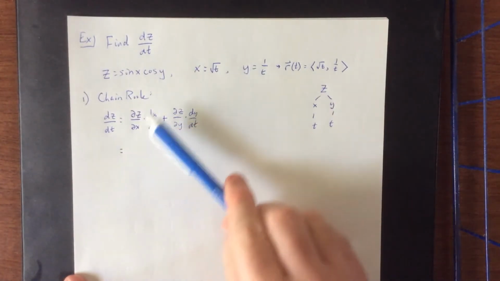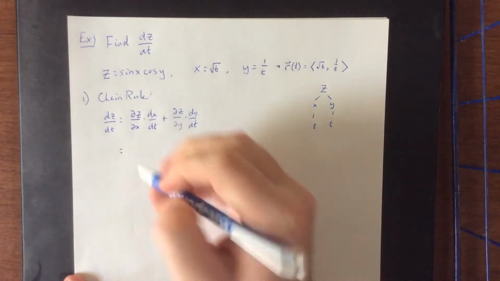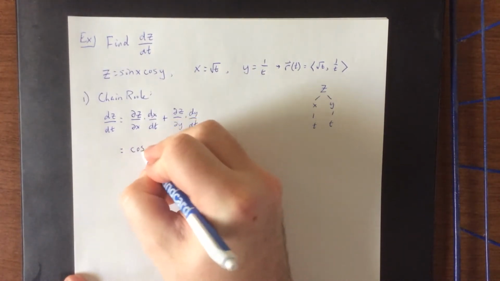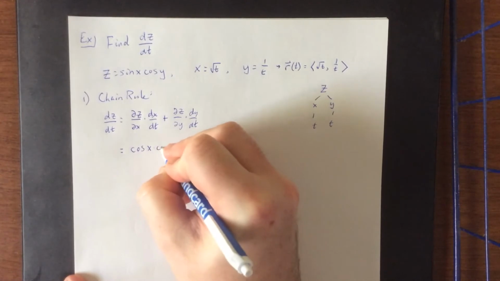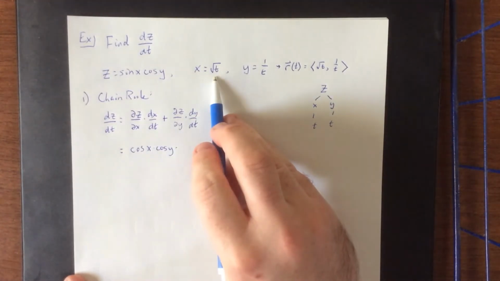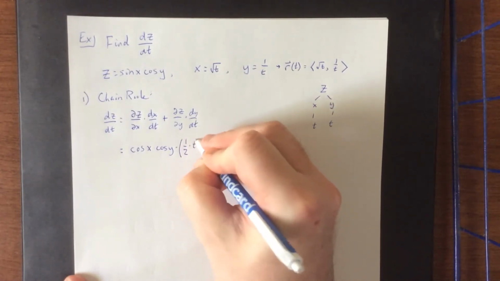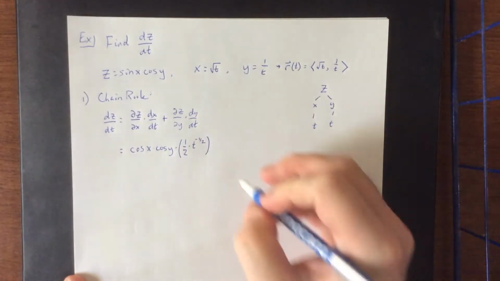For the partial of z with respect to x, we'll be differentiating the sine of x, treating cosine of y as though it's a constant. So this will be the cosine of x times the cosine of y times dx dt. Treating that as t to the 1/2 power, we'll get 1/2 times t raised to the negative 1/2 power.